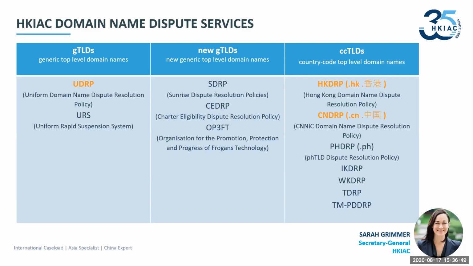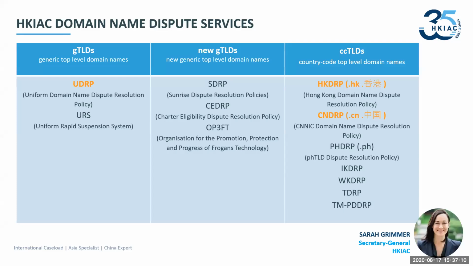The ADNDRC has 4 offices operating in Asia: Beijing, Seoul, Kuala Lumpur, and Hong Kong, and HKIAC is the Hong Kong-based office.